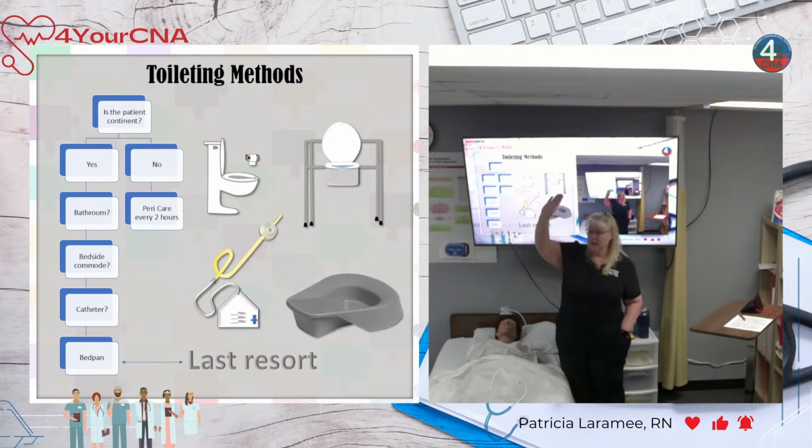You do not have to raise your hand and say, Miss Patty, can I go potty? And I'm going to say, please don't ask. Go. I don't want to be involved in your toileting. You are competent adults. You can get up. You can take care of that yourself. I don't need to be in the loop. Okay. A lot of our patients are like that. If somebody is in the hospital for blood pressure management, they don't need our help with toileting.